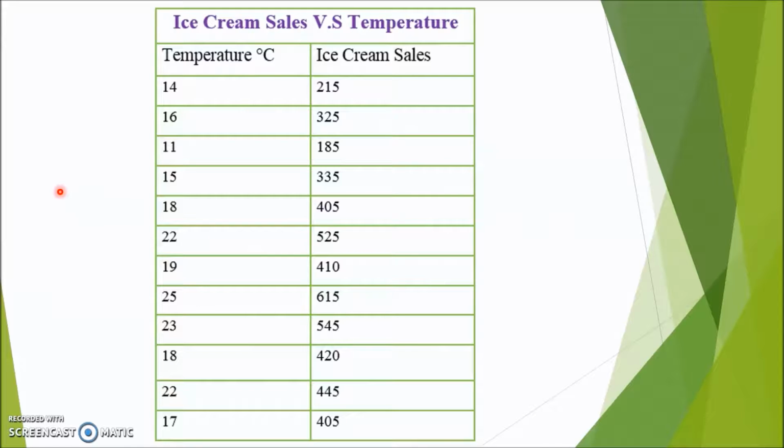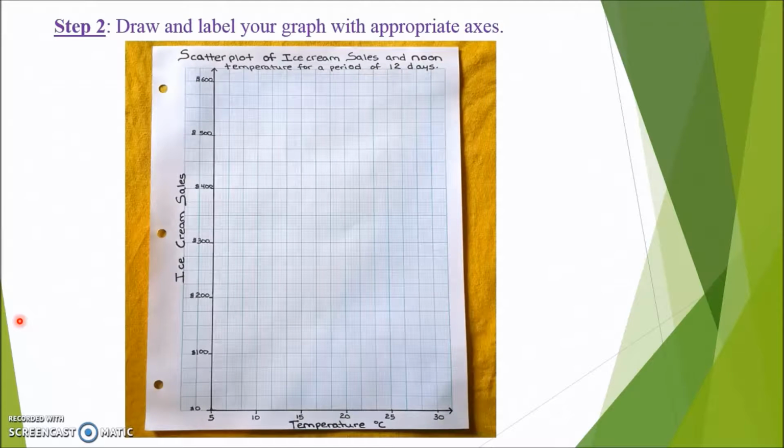Think about it. If the weather is hot, would you want to buy an ice cream to eat versus if the weather is cold? From that little scenario, can you identify the independent and dependent variable? If you said ice cream sales is the dependent variable and temperature is the independent variable, you are absolutely correct. See, that wasn't hard.